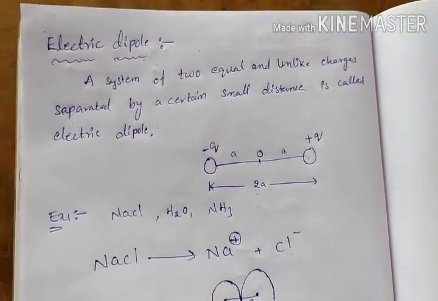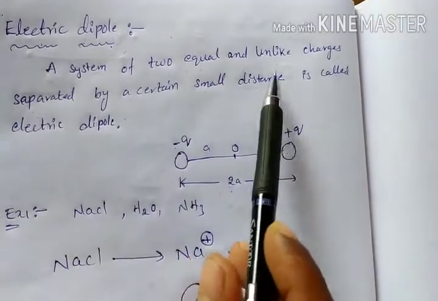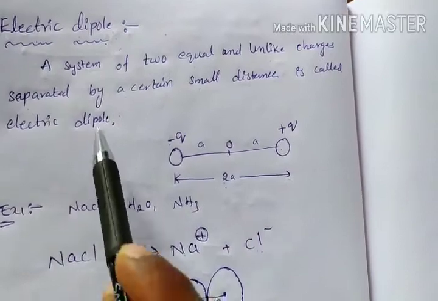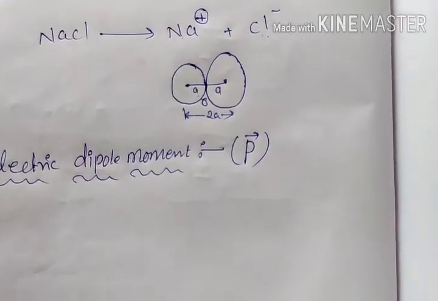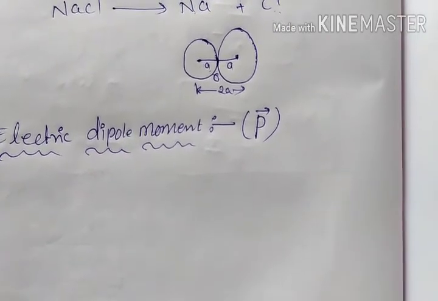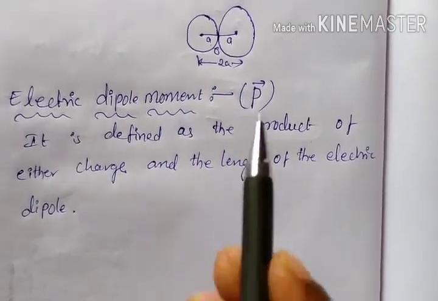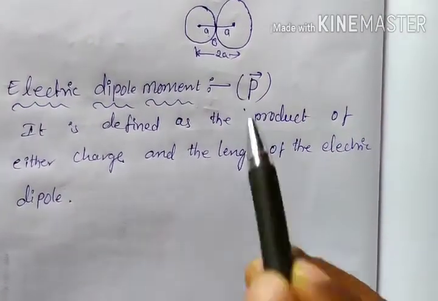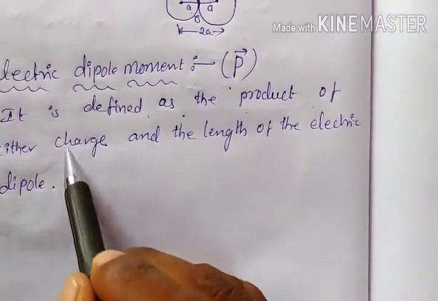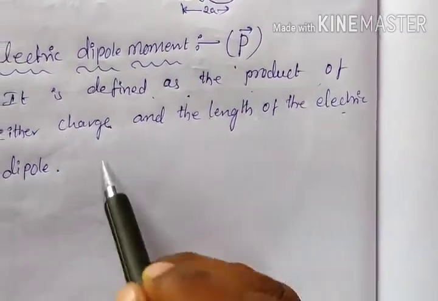Next, to remind once again, the electric dipole is a system of two equal and unlike charges separated by a certain small distance. Next definition is the electric dipole moment, which we denote by P bar. It is defined as the product of either charge, positive or negative, and the length of the electric dipole.